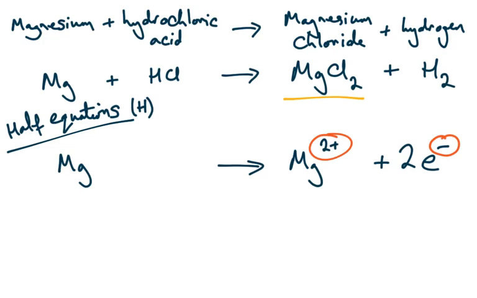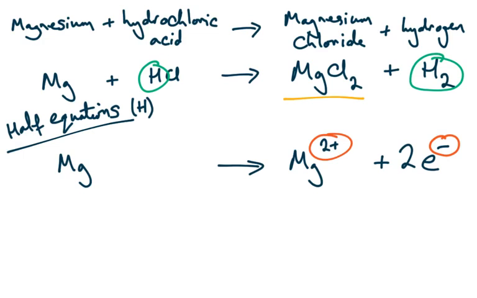The other half equation that we're looking at is what happens to hydrogen, because we can see that hydrogen has also ended up going from an ion in an ionic compound to becoming a molecule in a covalent compound.